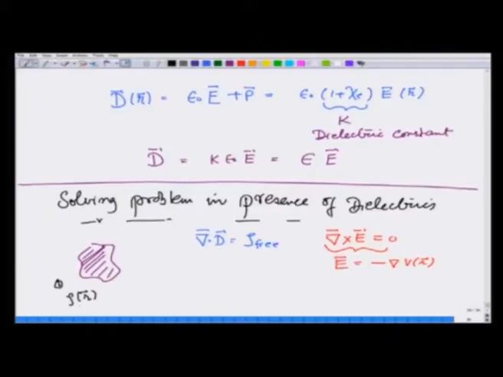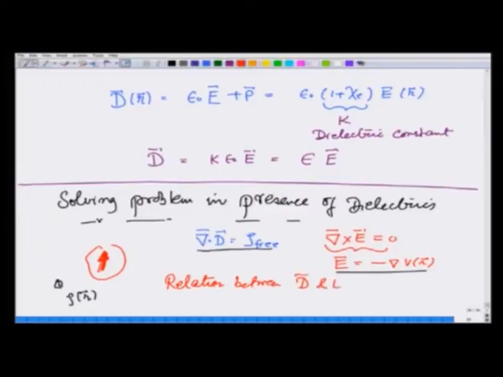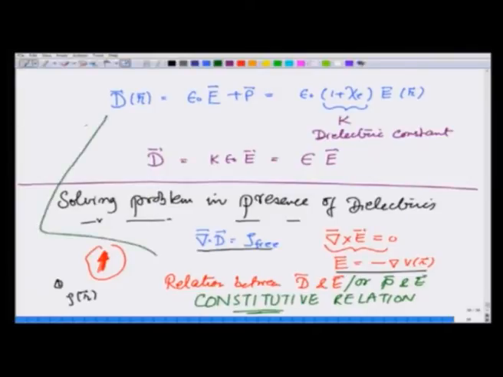It produces an electric field, so that divergence of D is rho, E is minus grad V, but now I need to relate what the polarization inside this material is to D or E, and that relation between D and E or P and E is called the constitutive relation, and we have already written this relationship for linear dielectrics. This is given for linear dielectrics right here.